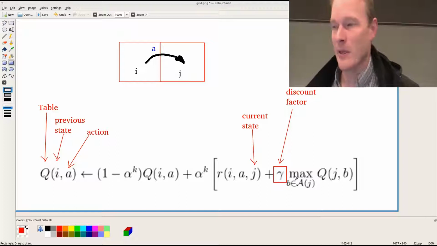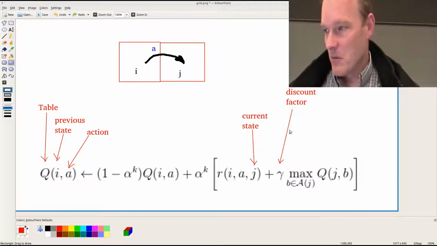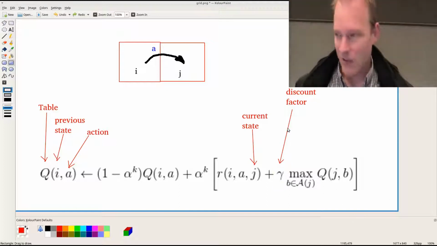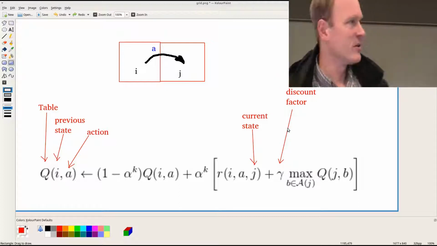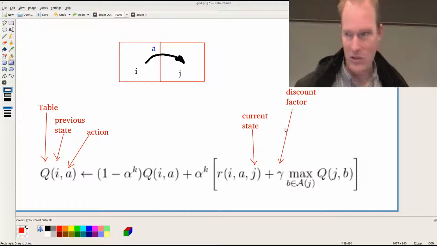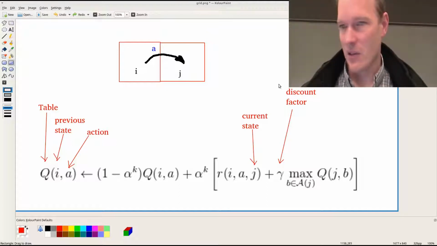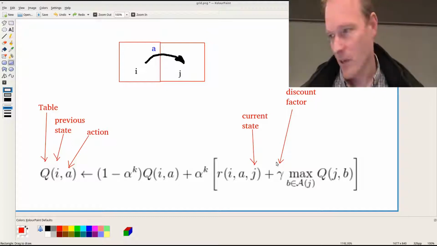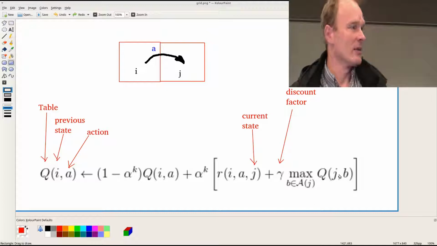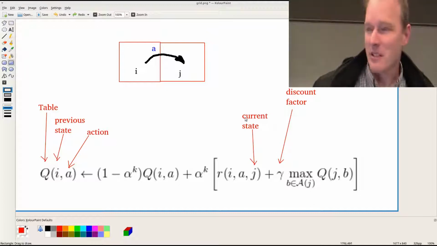That's the Greek letter gamma. And this kind of makes sense in life in a lot of ways because value tends to decay exponentially in most circumstances. Think of it as interest, or think of it as, I don't know what you want to think of it as, that's just the way we're going to do it. Plus it makes the math work out really nicely. So gamma is some discount factor.